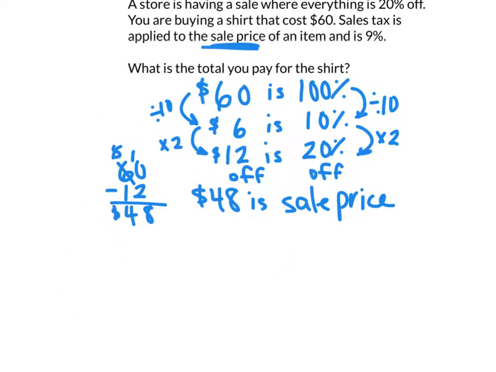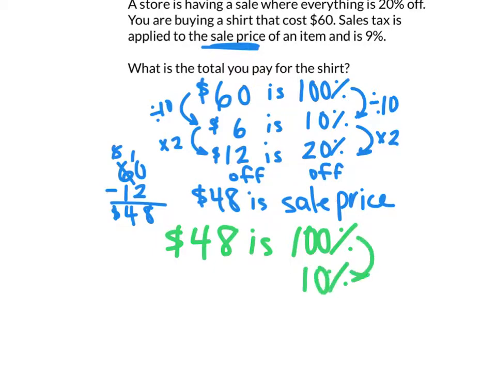So now 48 is 100%. It's a new 100%. Because now we're applying the tax to that. I need to find 9%. So I'm going to be a little creative. I'm going to find 10% first.